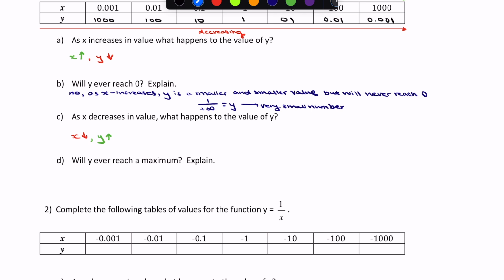So here as well, no. Again, as x is approaching 0, y is greater. But again, since x cannot be equal to 0, y would be undefined.